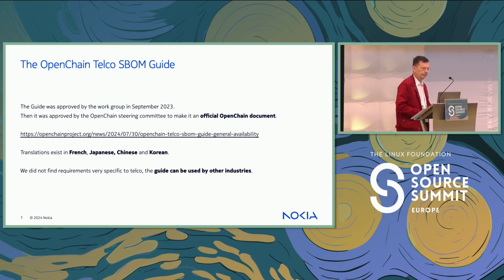The first version, 1.0 of the guide, was approved internally in the work group in September 2023, and then it was presented to the OpenChain steering committee, and it has become an official OpenChain document. You can see in this link the announcement of the availability.